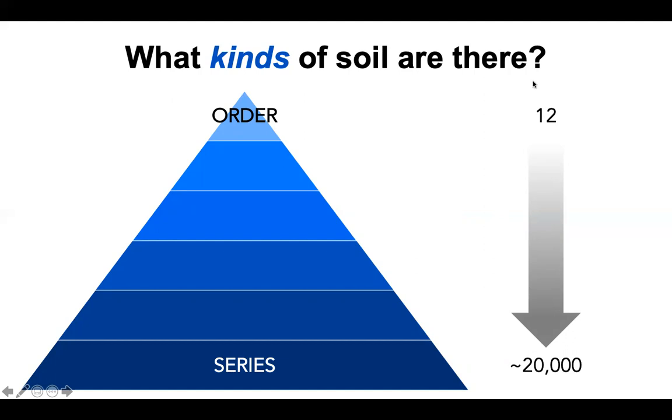So in the US, we have 12 different soil orders that we have put together. So order would be like your kingdom or something like that in your biology class. Down here, we have series, which is the smallest one, and that would be the equivalent of like species or something like that. And we have 20,000 different soil series here in the US.